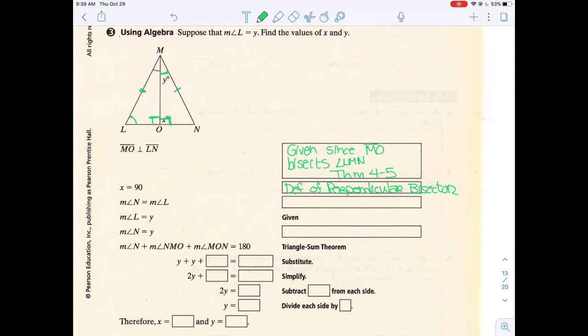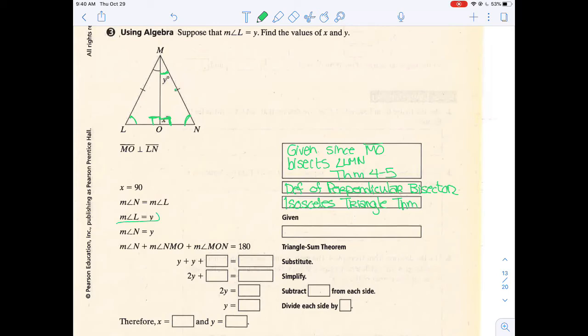So that is the isosceles triangle theorem. That theorem said since we know that these two sides are congruent, the angles opposite those are congruent. So if angle L is opposite MN and angle N is opposite side ML, those two are congruent.